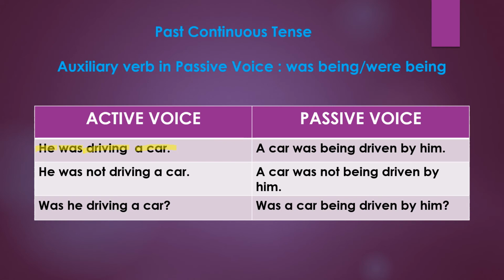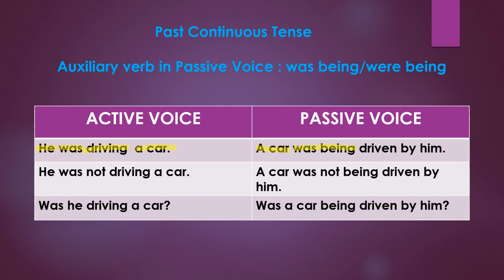To change this past continuous active voice into passive voice, we will use the same structure, just the change is the auxiliary verb. So here a car, the object of active voice, takes the place of subject in passive voice. A car was being.